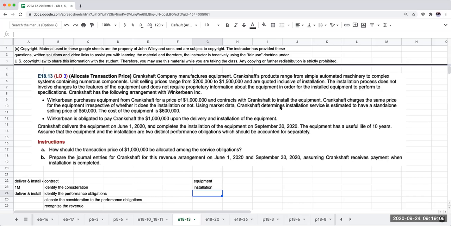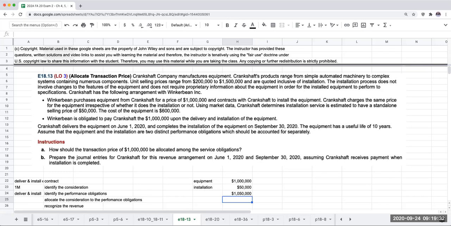Using market data, Crankshaft determines the installation service to have an estimated standalone selling price of $50,000. So the equipment is $1 million no matter what, the installation is 50 grand, and the total amount that the equipment and installation are actually worth is about $1,050,000.